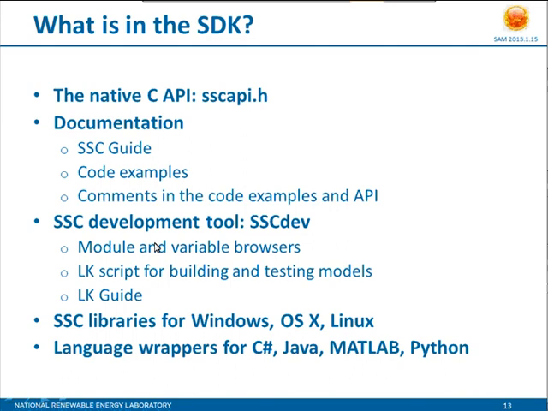And then there's a set of SSC libraries for 3 different operating systems: Windows, OS X, and Linux, and for Windows, there's 32-bit and 64-bit versions of the libraries. And then we also have a set of language wrappers. So if you don't want to write your program in C or C++, then we've got wrappers for C#, Java, MATLAB, and Python.